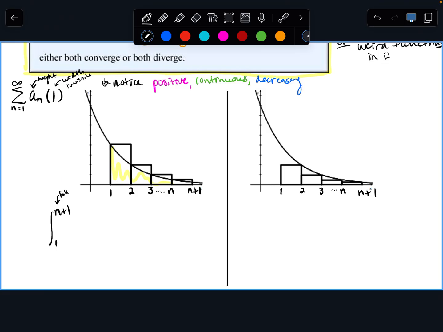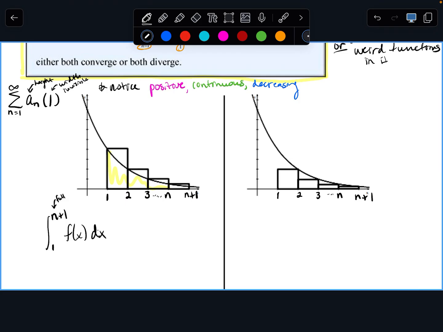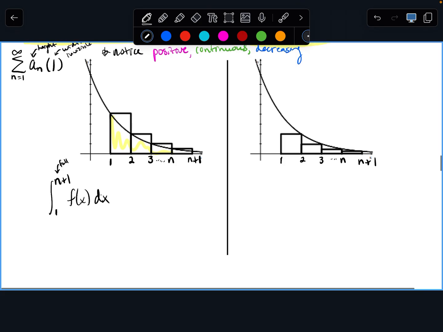Okay, so this would be the integral of whatever my function is, f of x dx, and this is going to be less than, or equal to, it's probably just less than, but maybe it could be equal to, this Riemann sum.